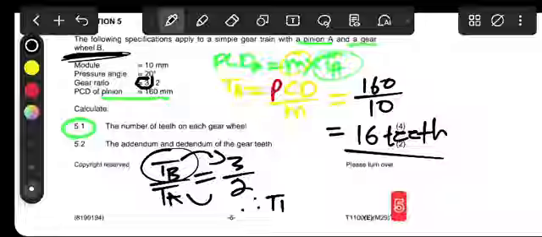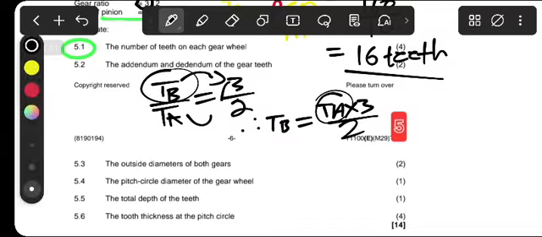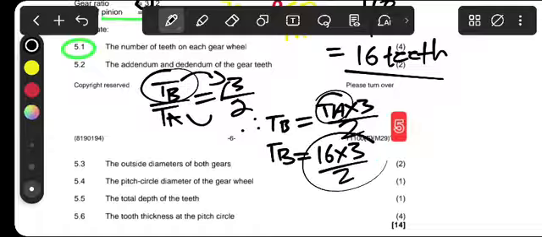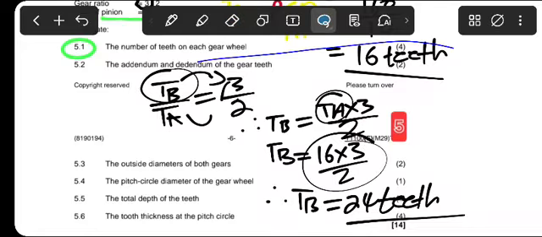If I want TB, the teeth of B will be TA multiplied by 3 divided by 2. Then I substitute: TA was 16 multiplied by 3 divided by 2. As per that, TB will be 24 teeth.